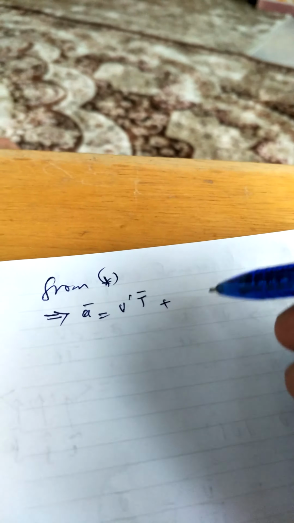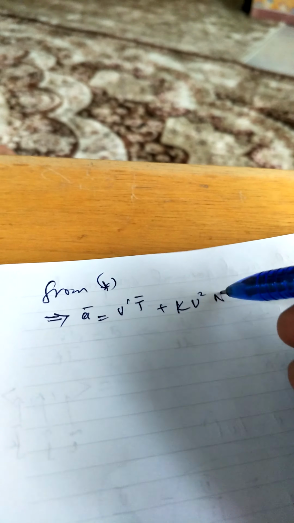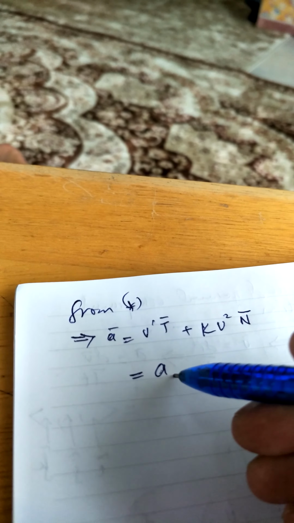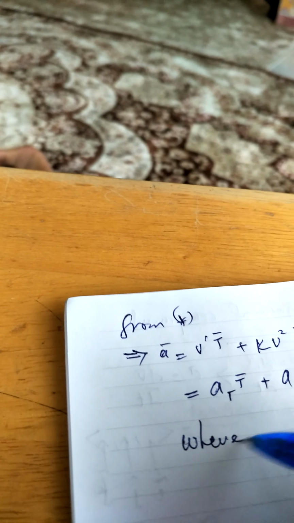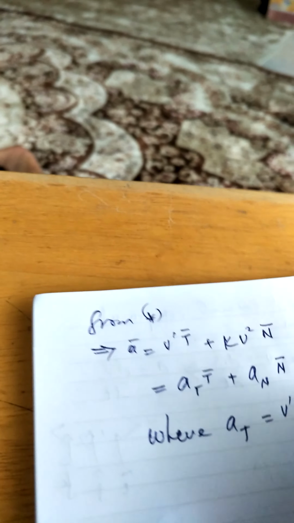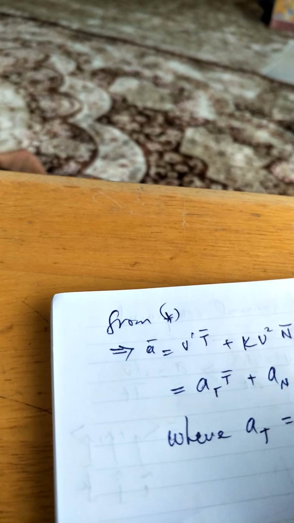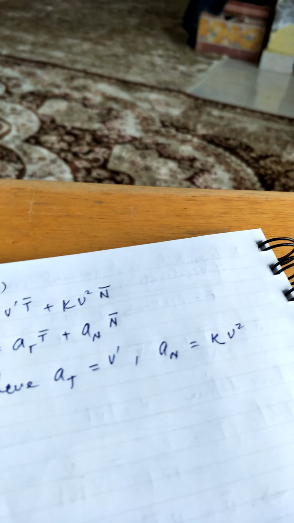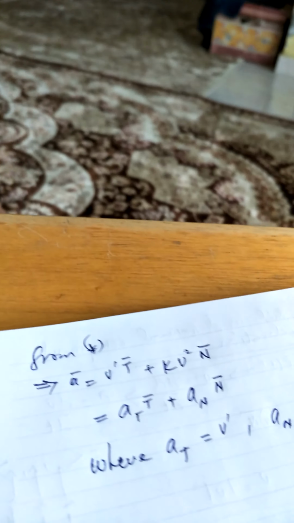All right. So from star, we have A is equal to v prime T plus kappa v squared N. So from here, of course, we can write this as aT T plus aN N, where aT is equal to v prime, aN is equal to kappa v squared.